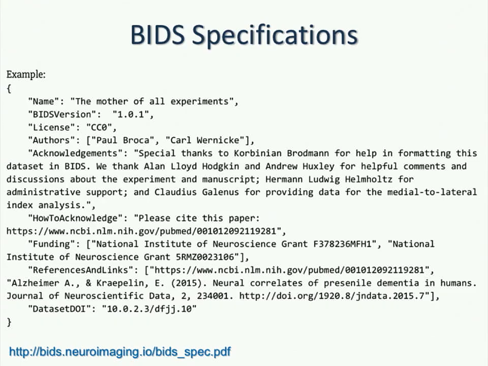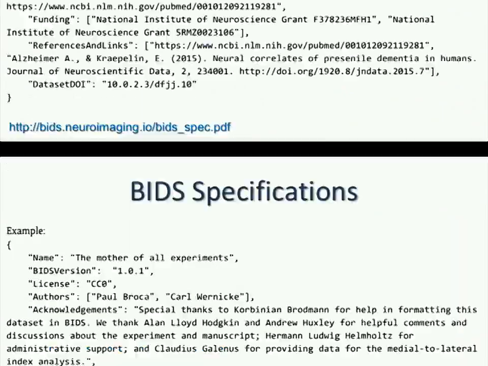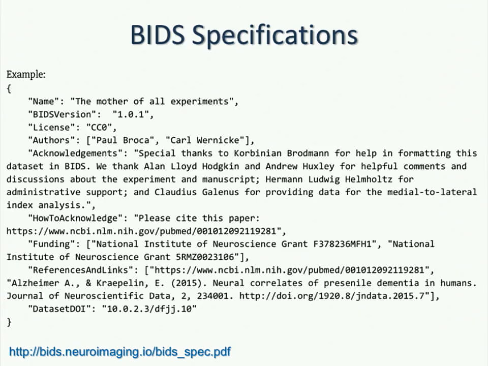And basically, you start documents and objects with a curly bracket, and then you'll see the name colon, so that basically says I have an entity called name. The colon is basically equals, set this to, and then what's to the right of that, the mother of all experiments, is my name, right? And then a comma, if you have another entity value pair that you want to place. If not, if it's the last one, no comma, and then a closing curly bracket.